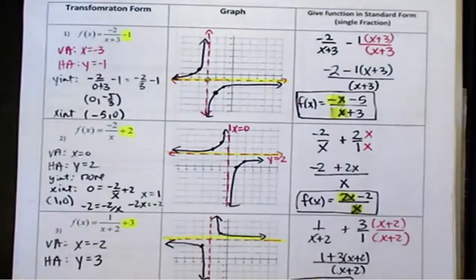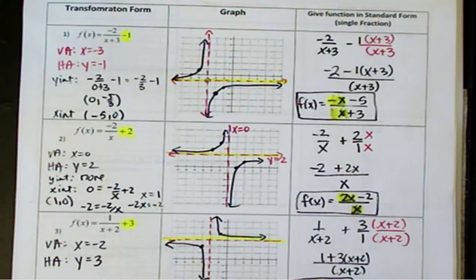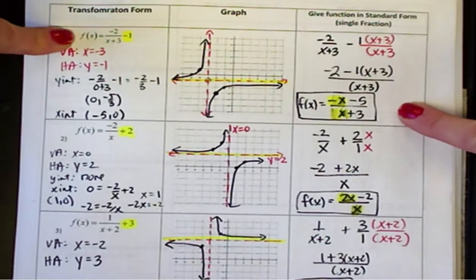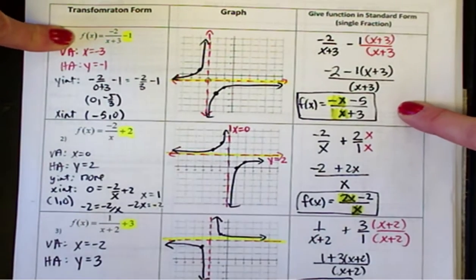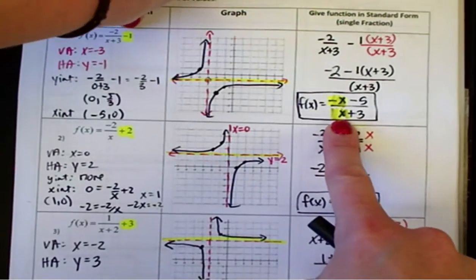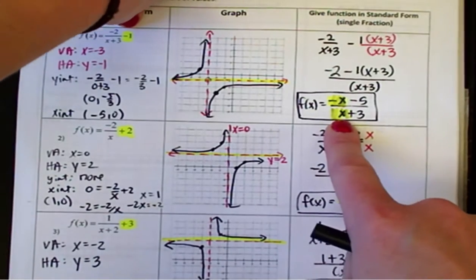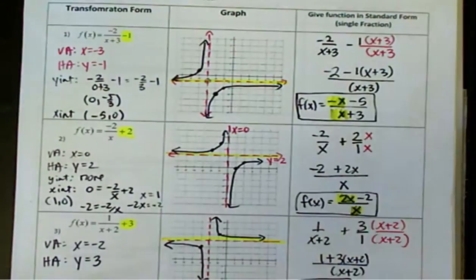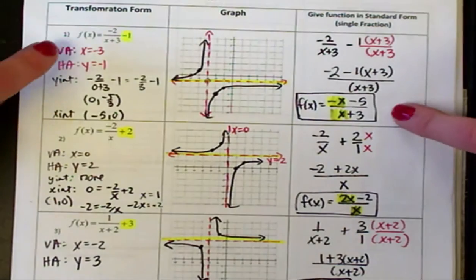What we looked at maybe 2 classes ago or 1 class ago is we went from transformation form to standard form. And one of the conclusions we are looking for is the connection between standard form and transformation form and the horizontal asymptote. This is a practice that we did in the last class.